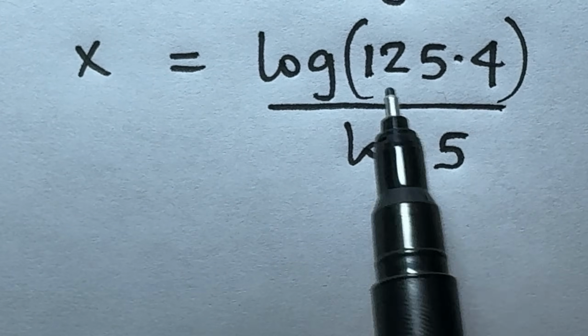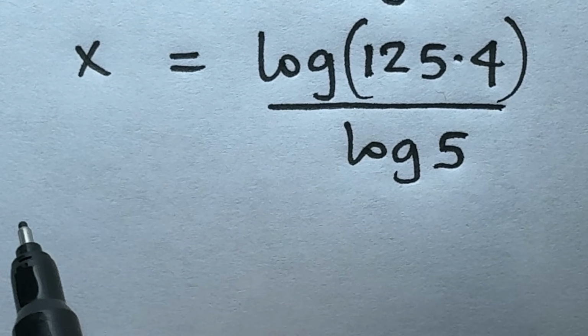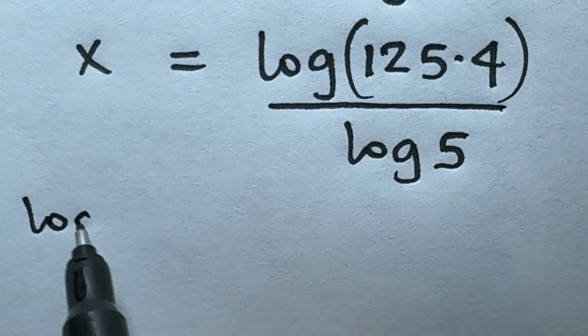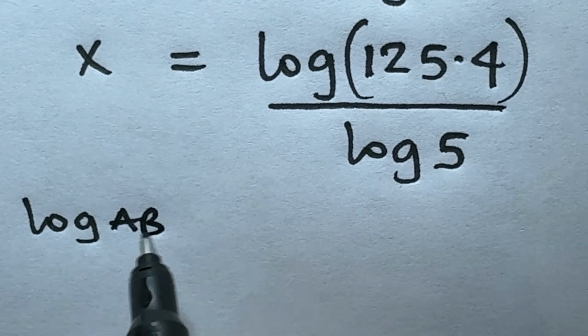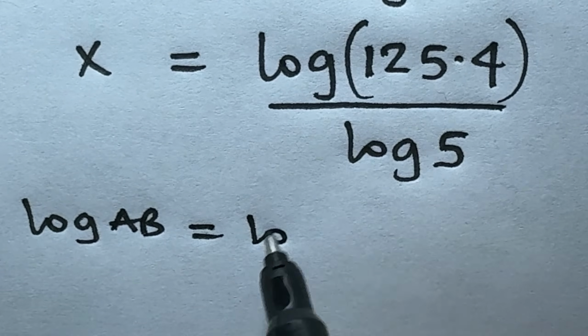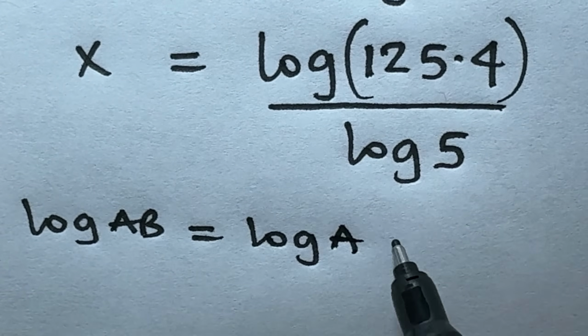We need to separate this product, and to do that, I'm going to apply this law of logarithm. Log of a times b will give us log a plus log b.